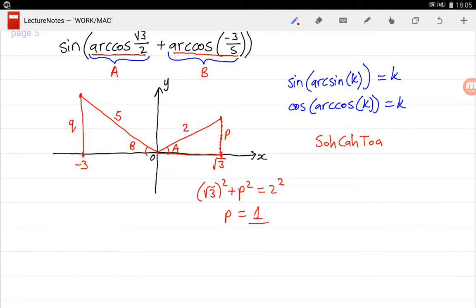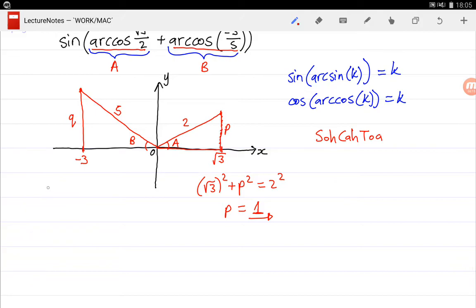It equals 1 because we picked the positive square root, since the hypotenuse and that angle are positive. It's impossible for P to be negative because it would be down on the fourth quadrant, and it wouldn't make sense for the hypotenuse to be positive while P is negative. That would be impossible to draw.